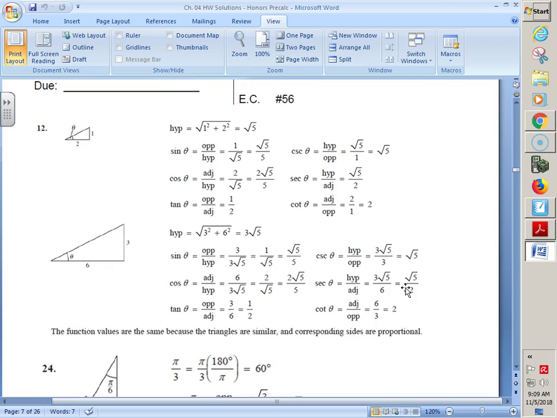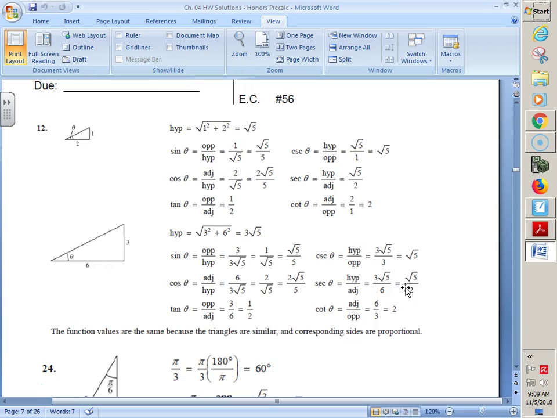What was weird? What ended up happening? If you did it right, they're the same. Why are they the same? Because they're similar triangles, and similar triangles have proportional sides. So even though this one is 1 and 2, the size of this triangle is smaller.